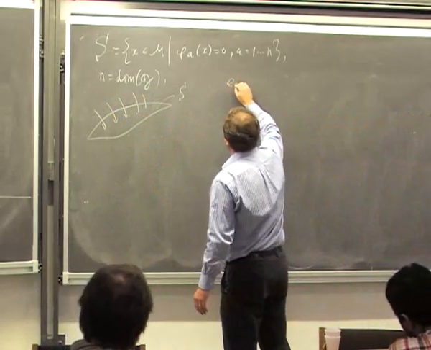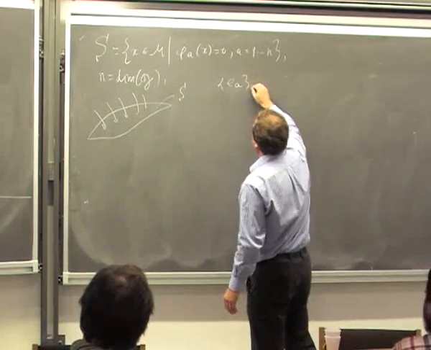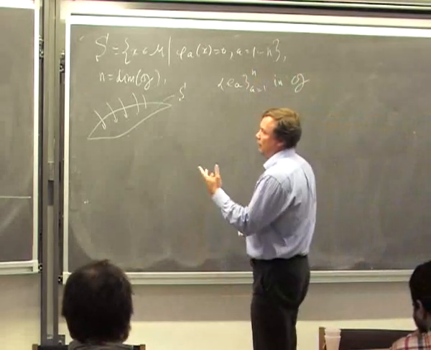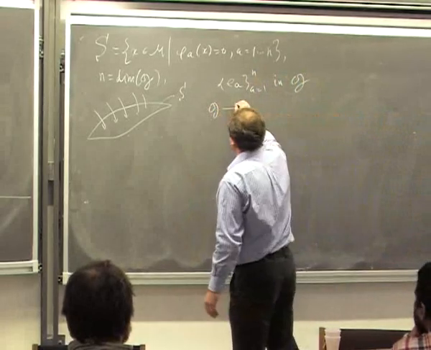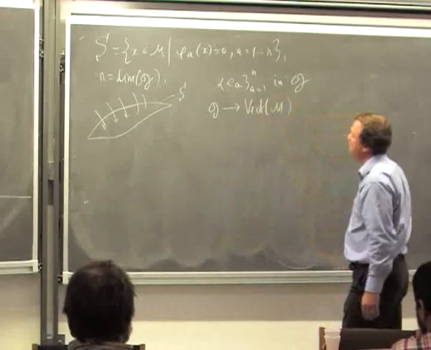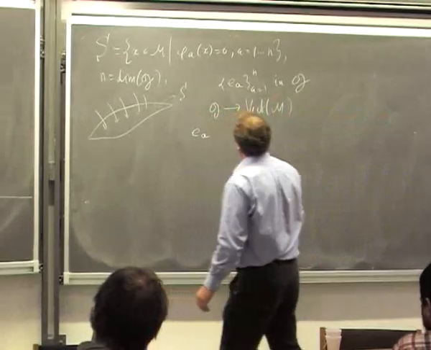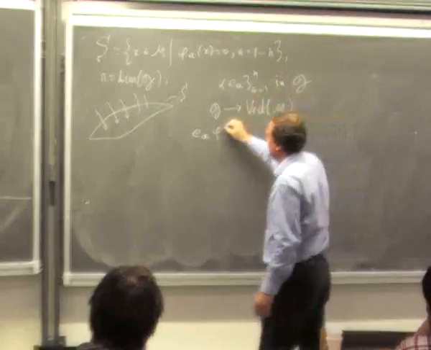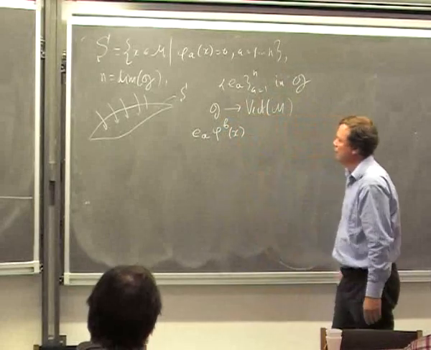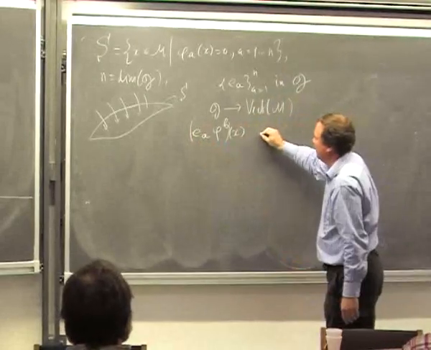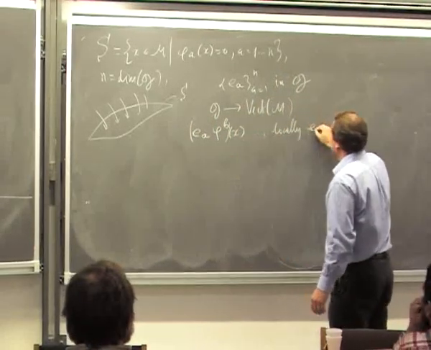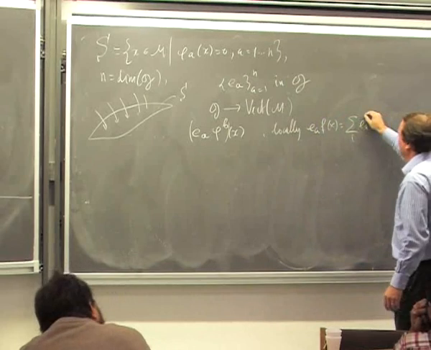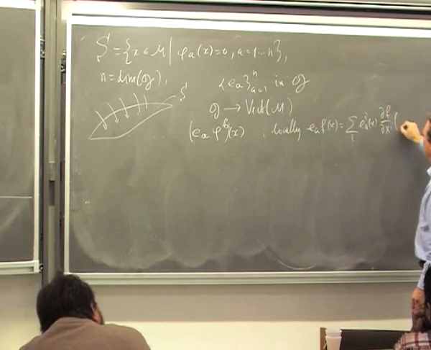So let's choose a basis e_a, a from 1 to n, in the Lie algebra g. The Lie group acts on M, so we have a mapping of g to the vector fields on M. And because we assume that S is a cross section, this matrix... so locally e_a acts as some kind of first order differential operator.